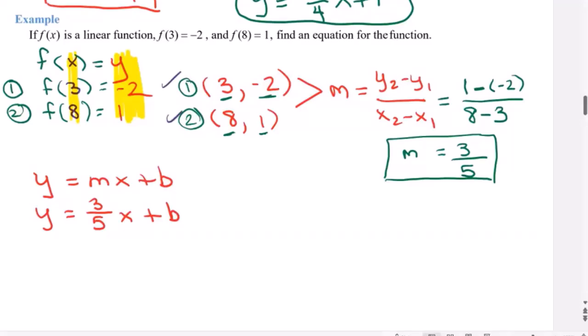And all I really need to do is plug one of those ordered pairs in for x and y and solve for b. So y equals 1. I'm going to use the second one. So y equals 1. That equals 3/5 times x. X is 8 plus b.